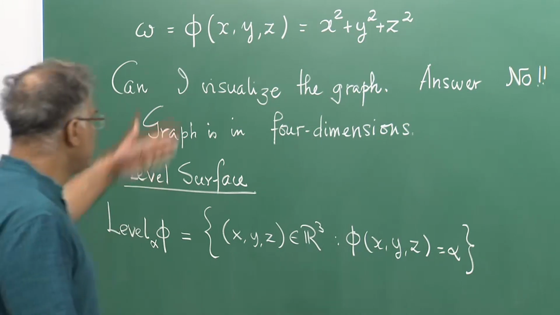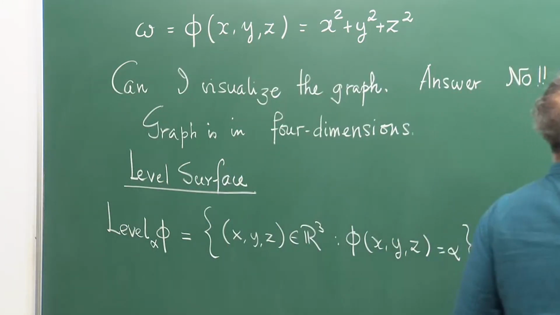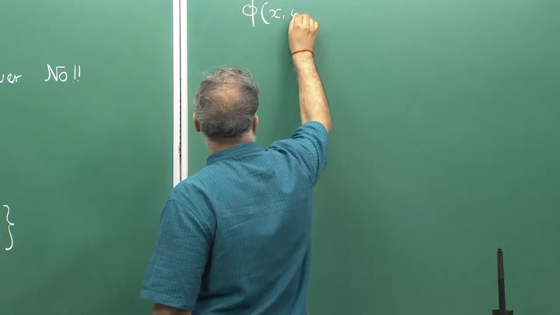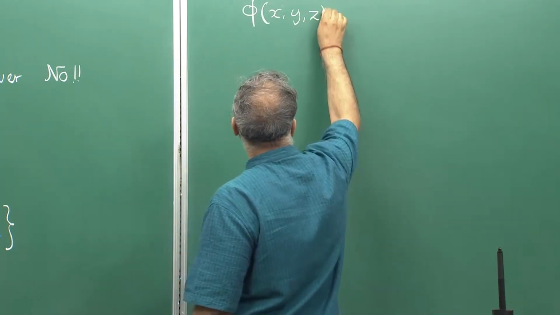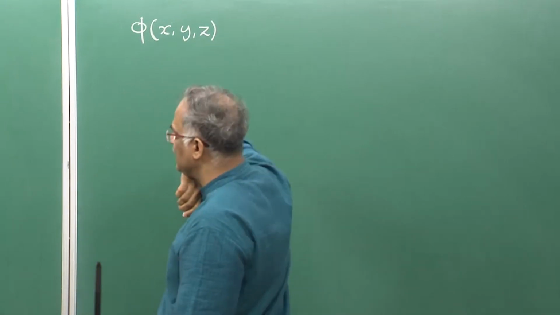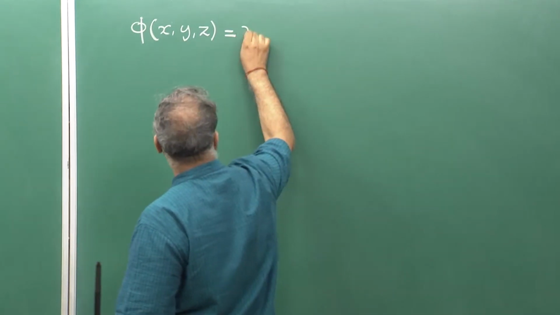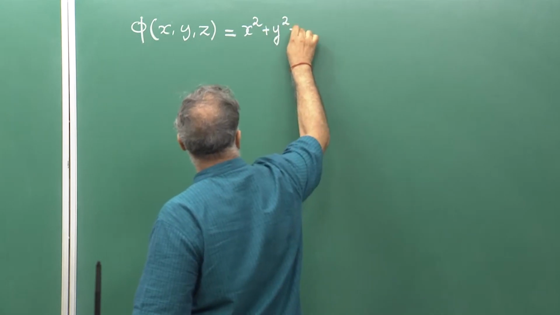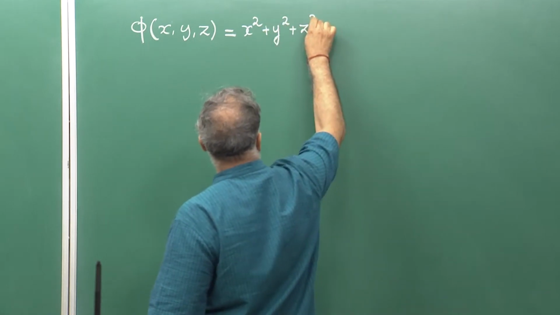Now let us come to this specific example, where phi of x, y, z is x square plus y square plus z square.